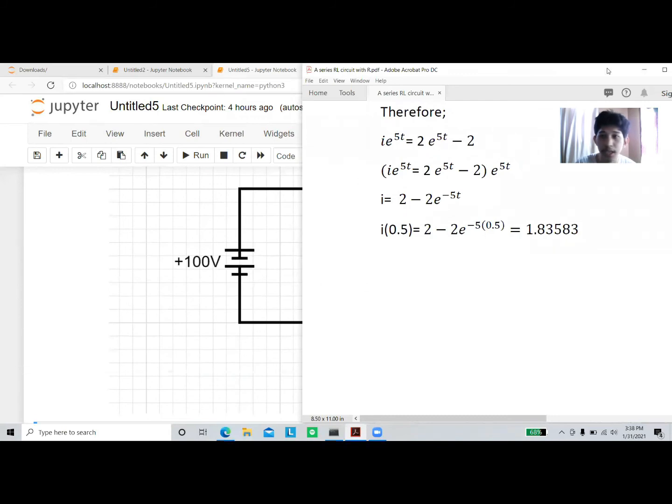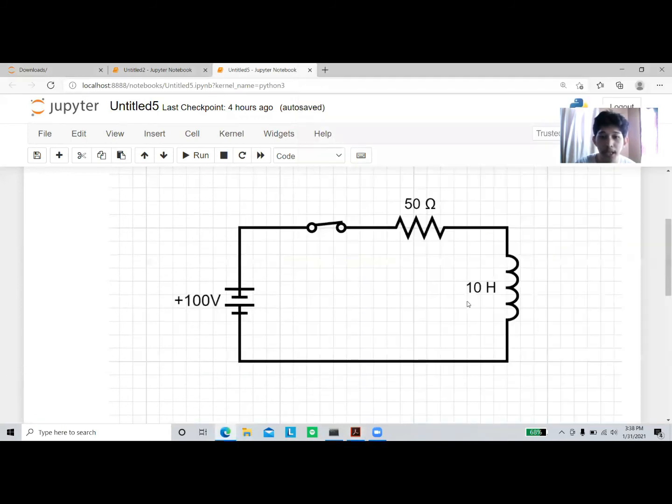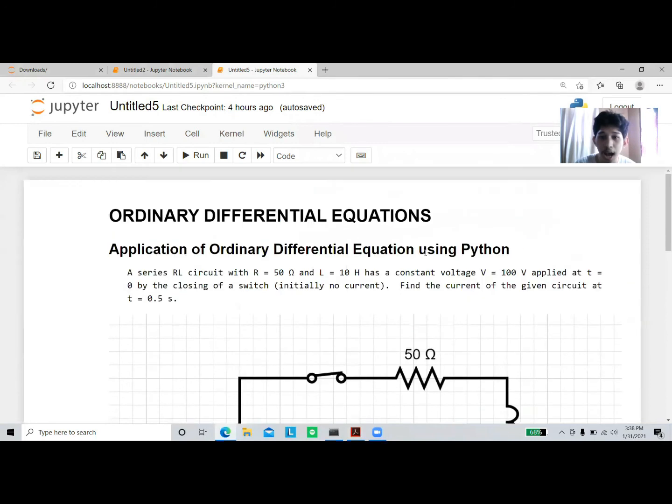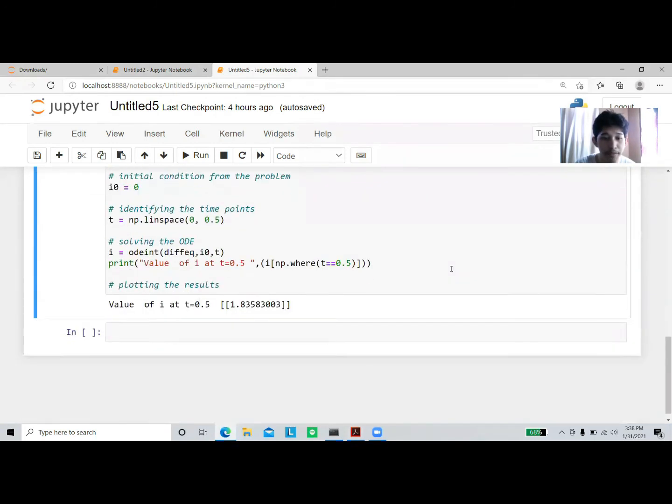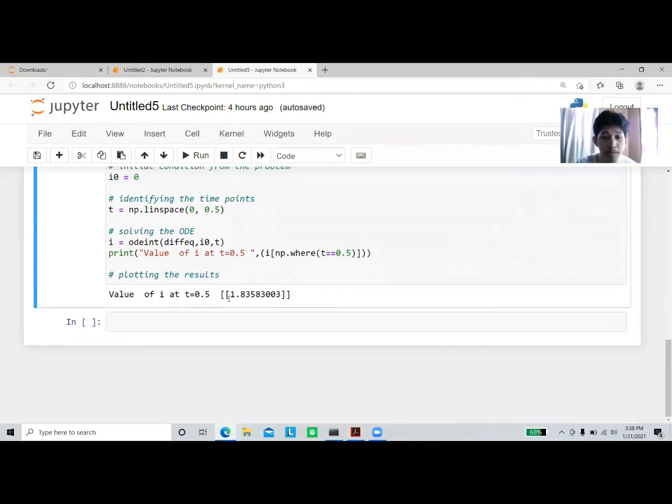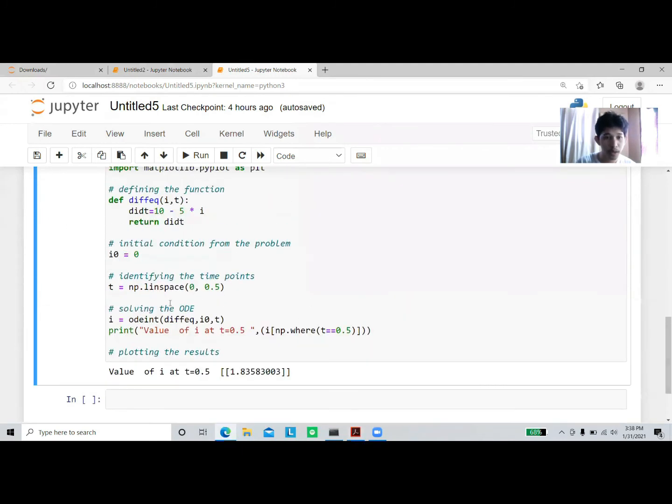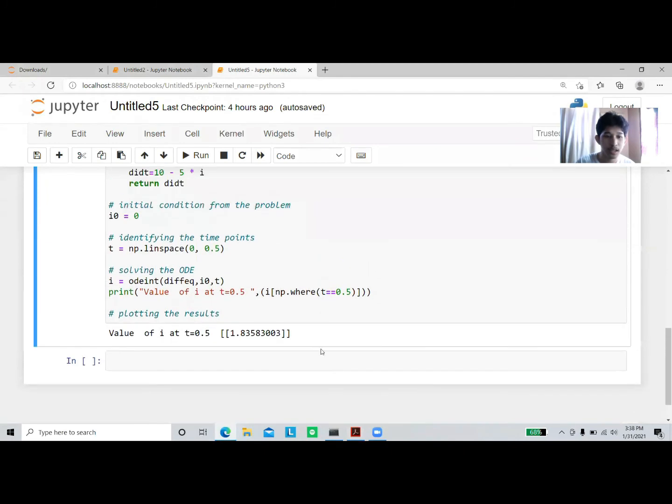We are now able to obtain the current of this circuit at t equal to 0.5, which is 1.83583003 amperes. This is the code that we have made.